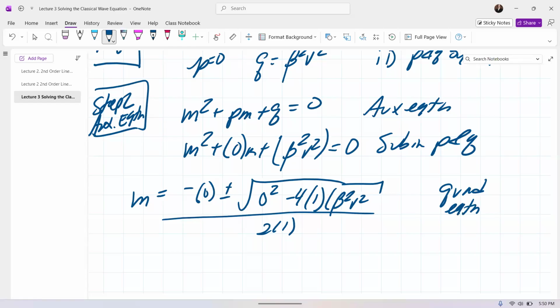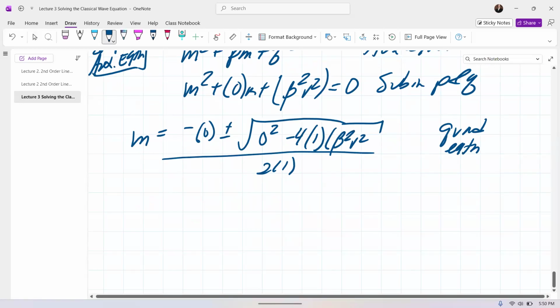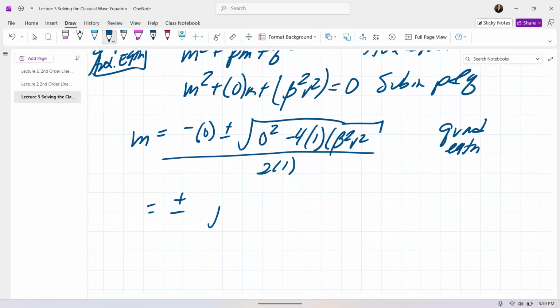Right, next we're going to work on simplifying this. Equals plus or minus, right? 0 drops out. Square root of 0 squared minus 4 beta squared V squared all over 2. Oh, now we can make this a little smaller. We got a little carried away there. Close that off.